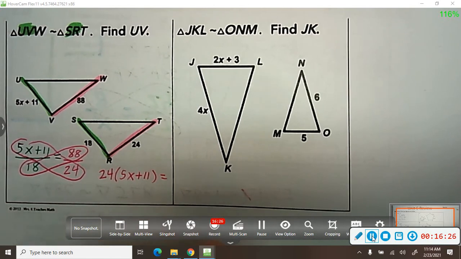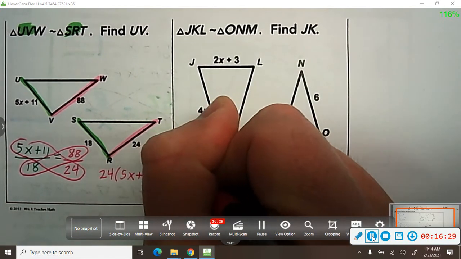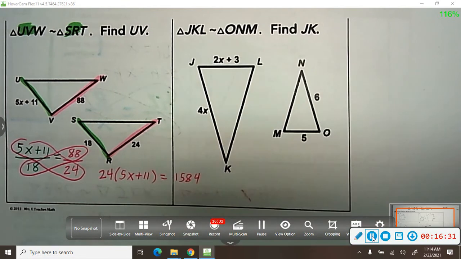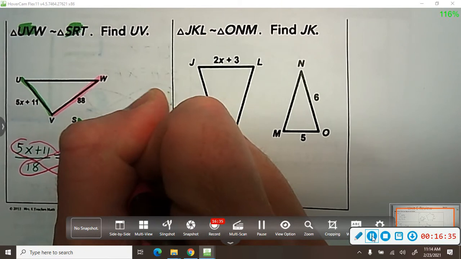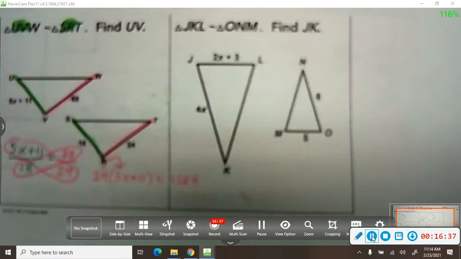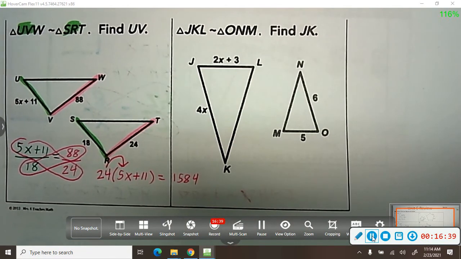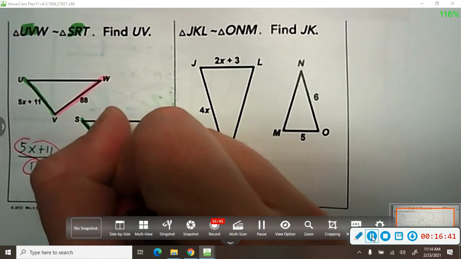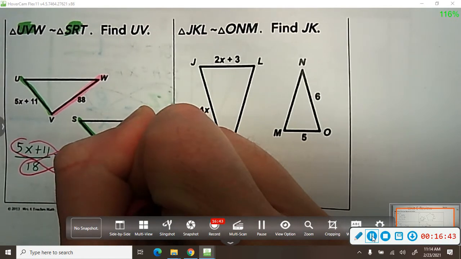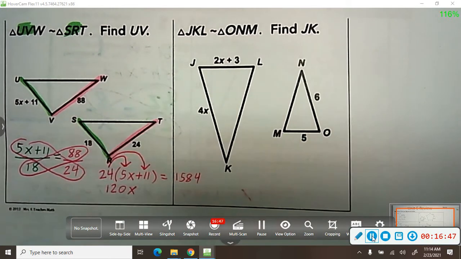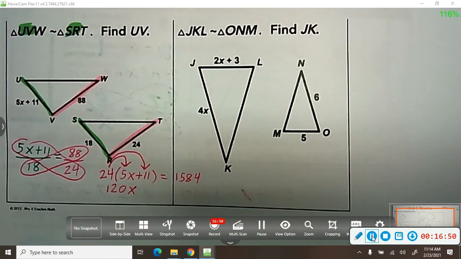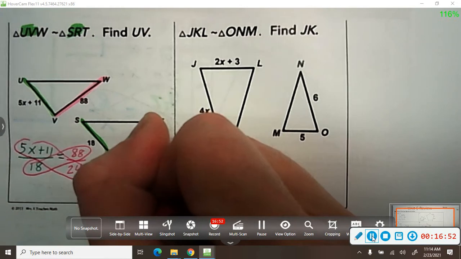That's 1584. I then distribute the 24 to the 5x. 24 times 5 is 120. I distribute the 24 to the 11. 24 times 11 is 264.